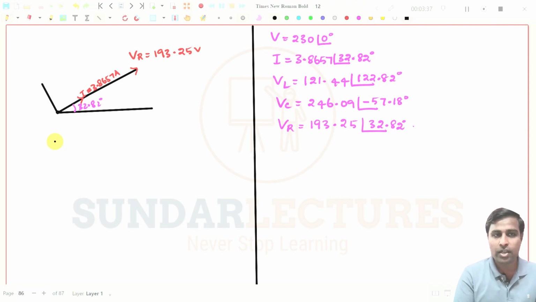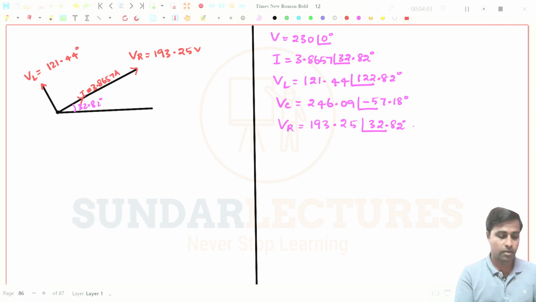So you try to draw with magnitude values too: this phasor is 193 volt, so this will be 121 volt. This will be VL, which is 121.44.